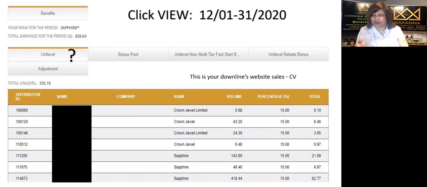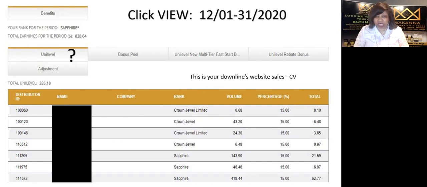And if all of these are 15%, and I'm not showing you the full length in this example, because some of these would be 5%, some of these would be 2%, some of these would be 1%, if we looked at the whole thing. But if we're looking at 15%, that tells me that these are people that were personally sponsored, because that's what you make. Remember, 20 to 50 from your site and 15 from those people that you personally sponsored.